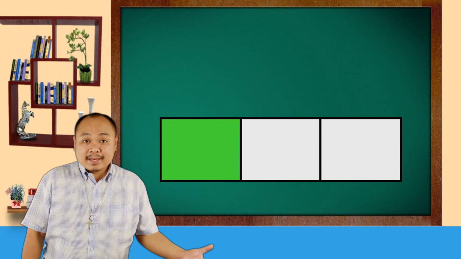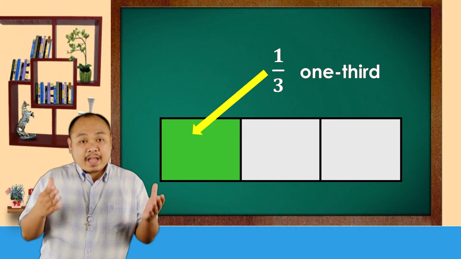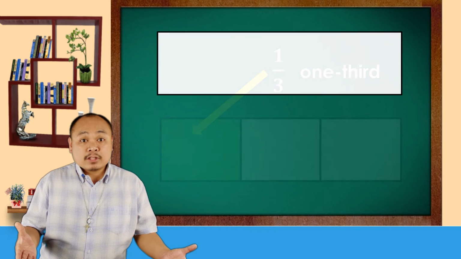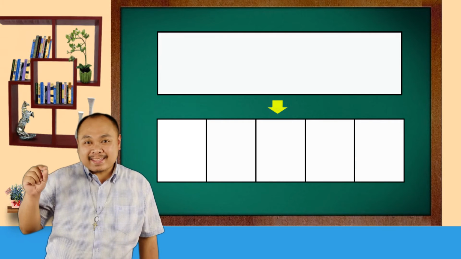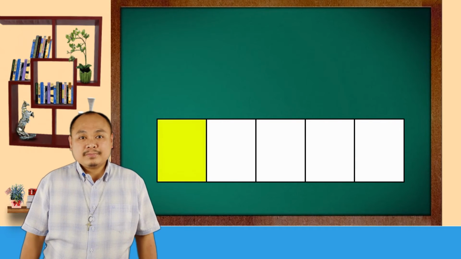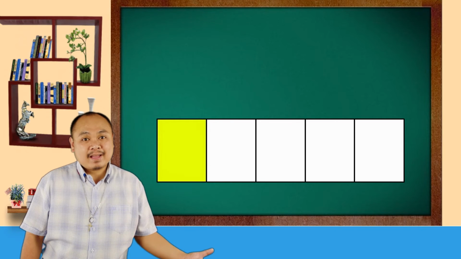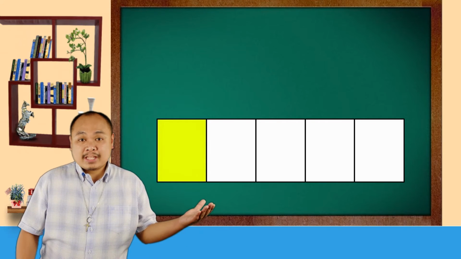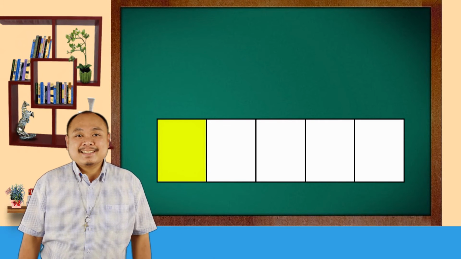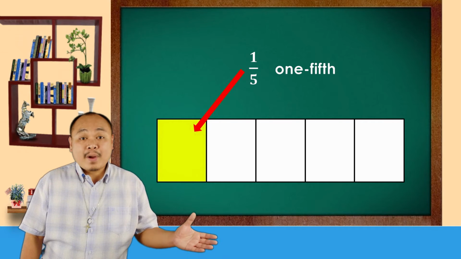The shaded part is 1/3. Get another sheet of paper and divide into 5 equal parts. Color a part yellow. Describe the fractional part of the shaded area. What is the name of the fraction on the shaded part? That's great. The fractional part is 1/5.